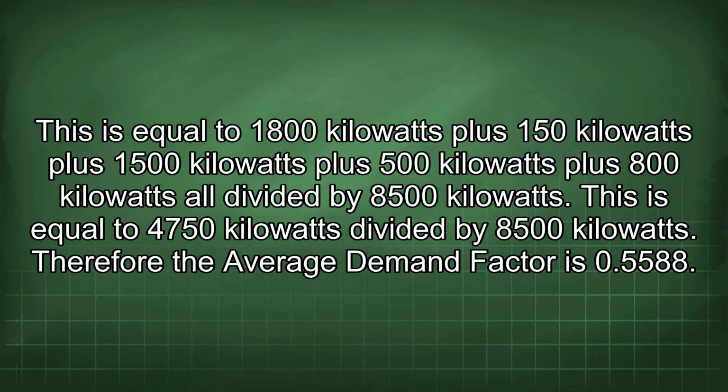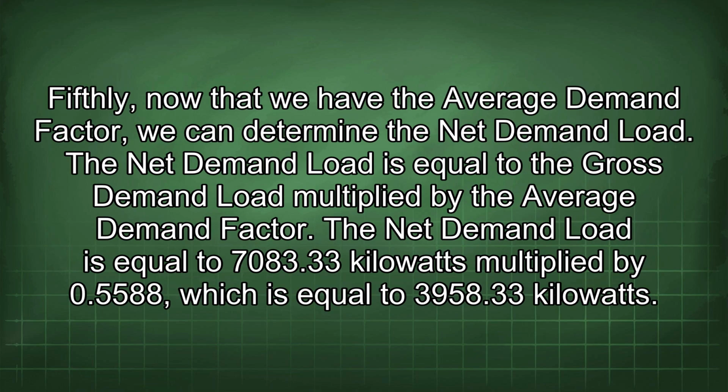This is equal to 1800 kilowatts plus 150 kilowatts plus 1500 kilowatts plus 500 kilowatts plus 800 kilowatts, all divided by 8500 kilowatts. This is equal to 4750 kilowatts divided by 8500 kilowatts. Therefore, the average demand factor is 0.5588.